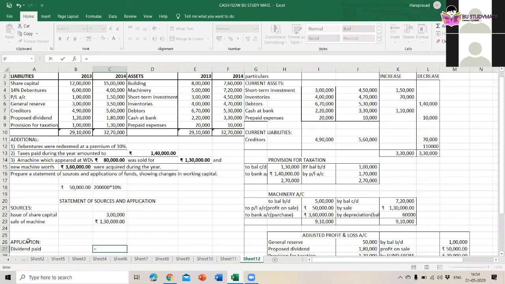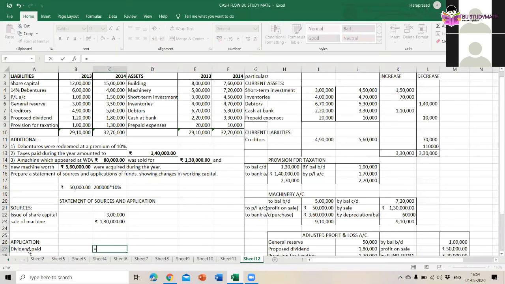Dividend paid how much? One second. Proposed dividend here 1,20,000.